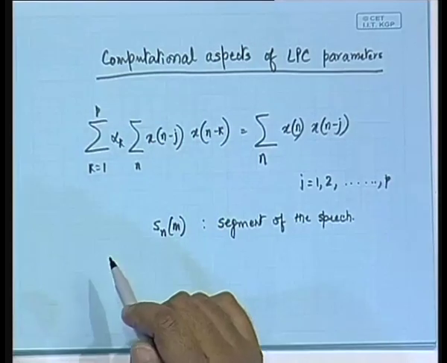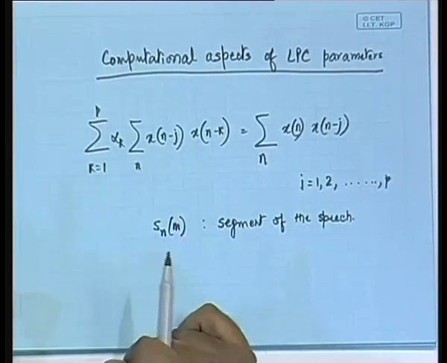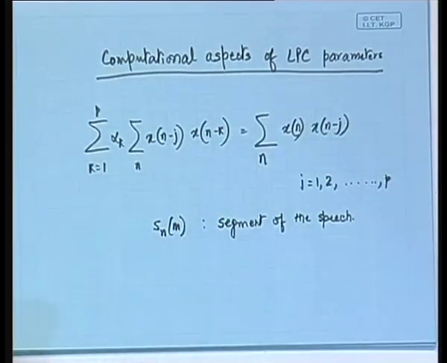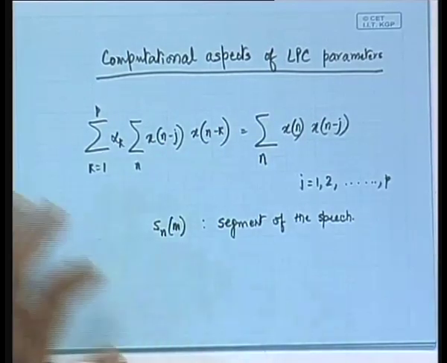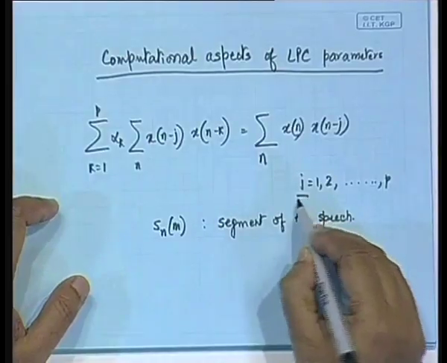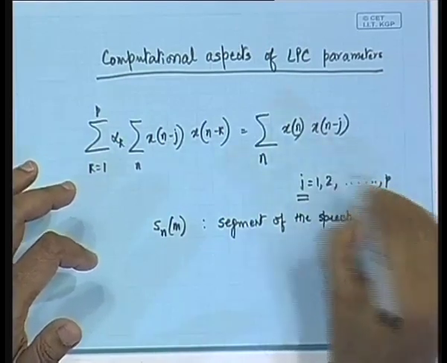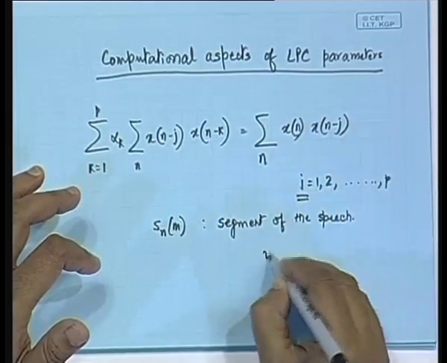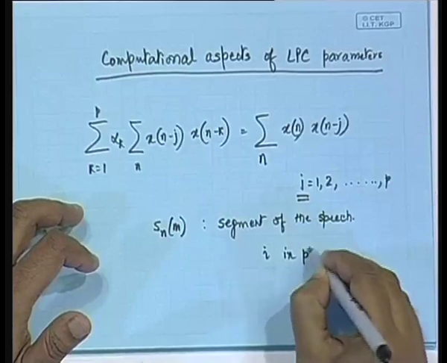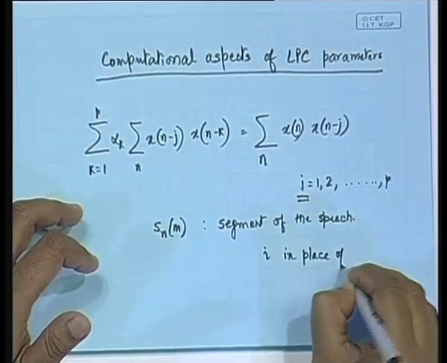Instead of writing in terms of x, we write it in terms of s, the same thing. And instead of j as an index, we just use i.